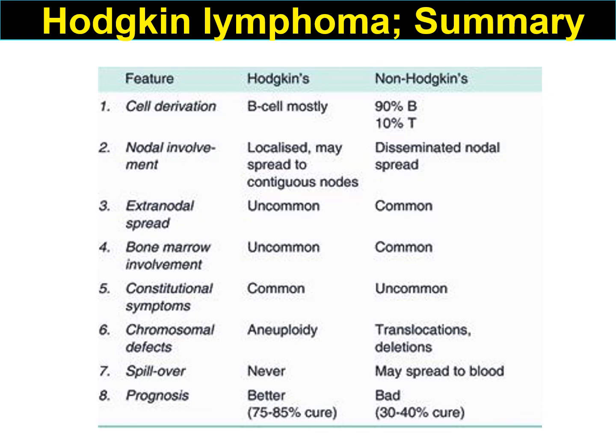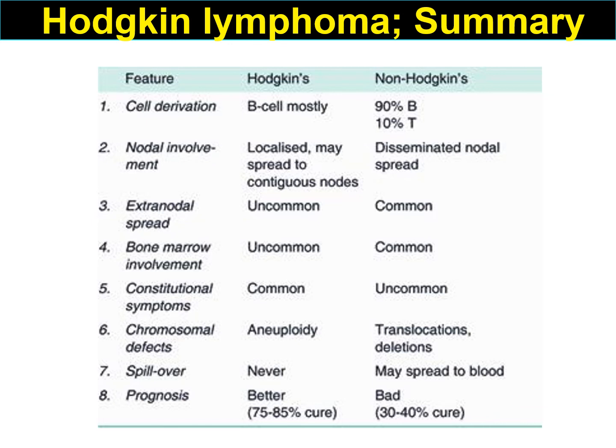The extranodal spread in Hodgkin is uncommon, while it is common in non-Hodgkin type. The bone marrow involvement is uncommon in Hodgkin, while it is common in non-Hodgkin. Hodgkin is commonly associated with constitutional symptoms, while constitutional symptoms are uncommon in non-Hodgkin tumor.